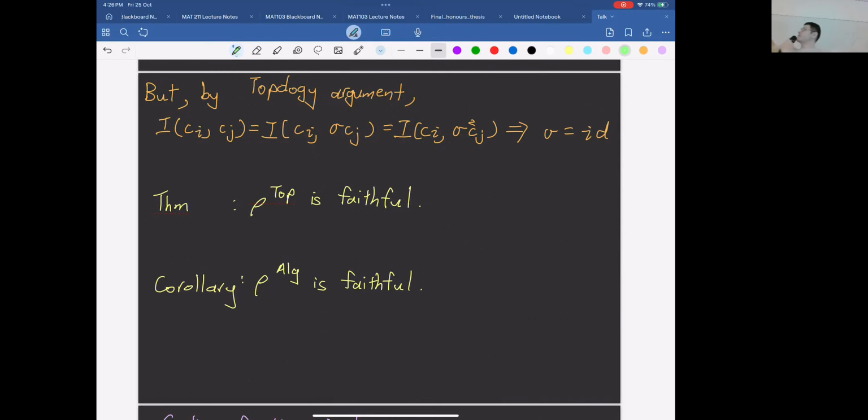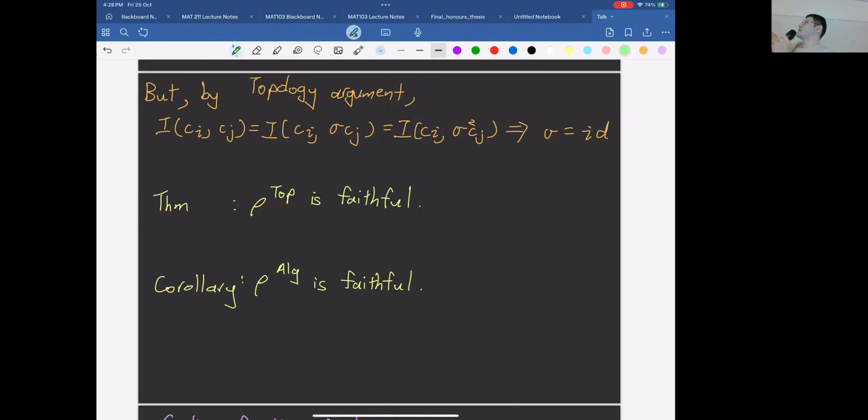So if you use this intersection number here, it will trace whether you will send a curve to something else. Sorry? Yes, an injective homomorphism from the group to the permutations of the objects. Yeah, right, injective, yes. So in this case here, we use this intersection number to trace it.